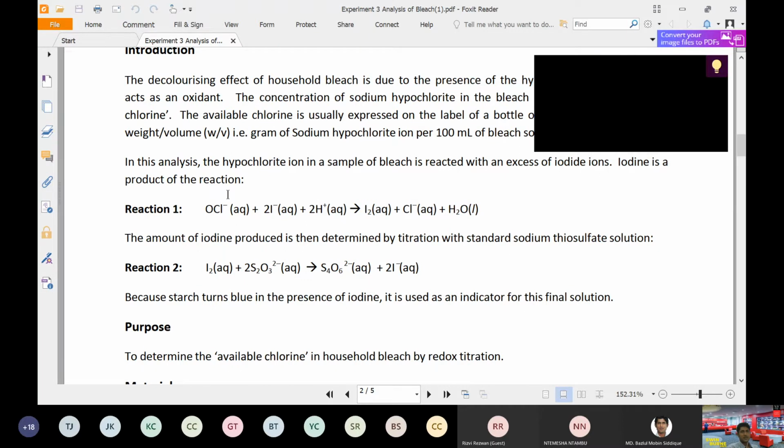to find out. So I was talking about how we cannot do this by direct titration. You cannot just put anything in and titrate it directly, it doesn't work like that.